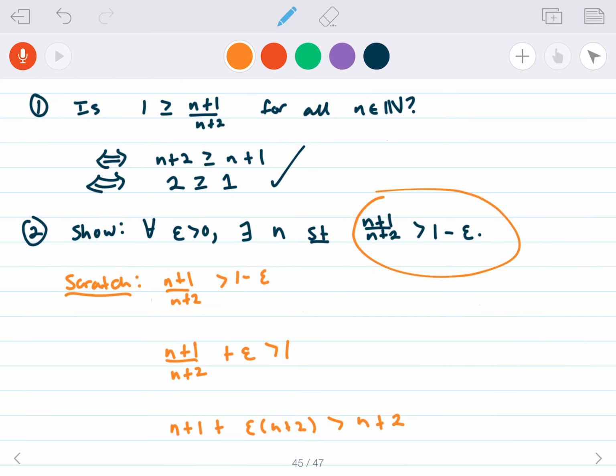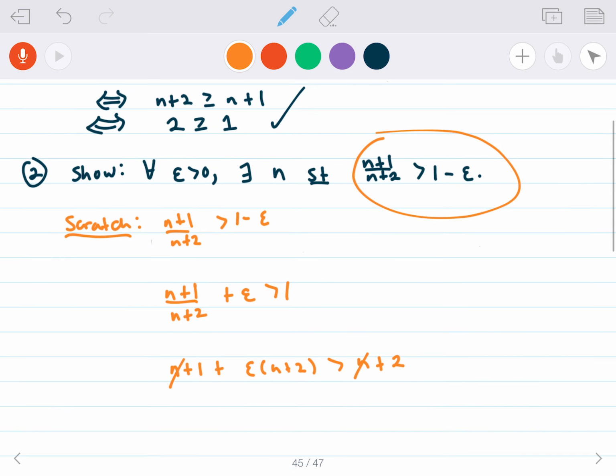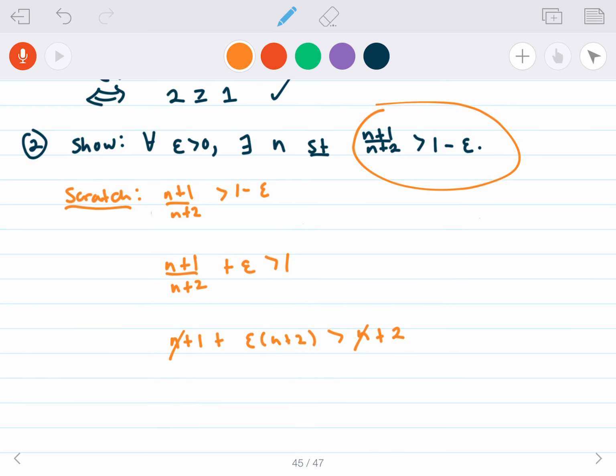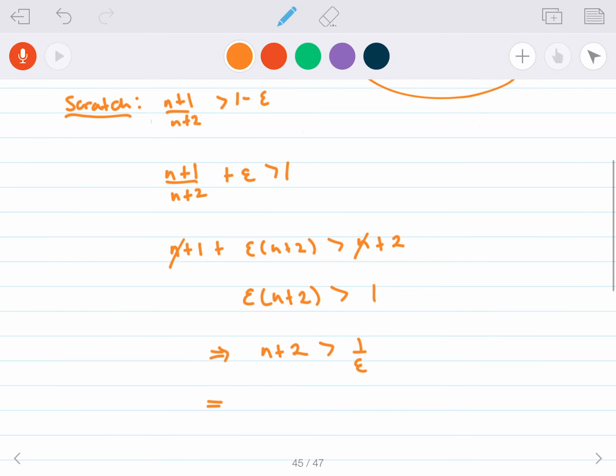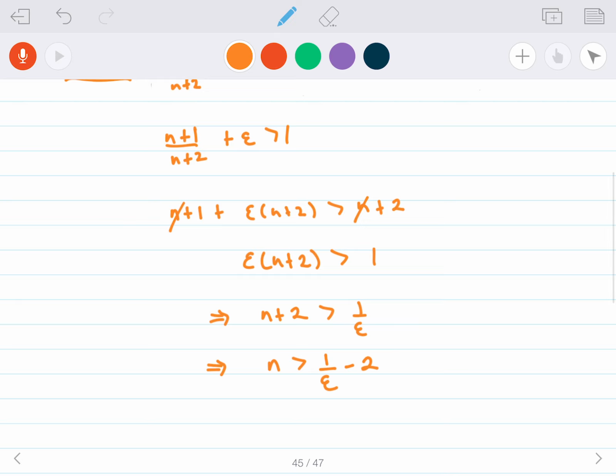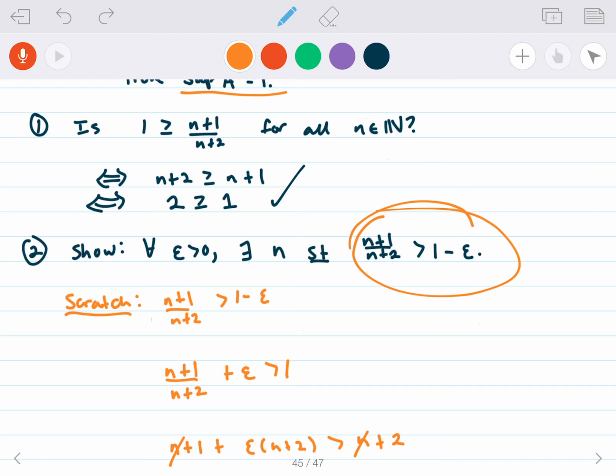At this point I can cancel some n's, just subtract them off. And then I can subtract off a 1 to give me epsilon times n plus 2 is greater than 1. Okay, so dividing by epsilon, I get n plus 2 is greater than 1 over epsilon, and therefore n should be greater than 1 over epsilon minus 2. So this is the game, right? This is the little n that I need to choose in order for property 2 to work.